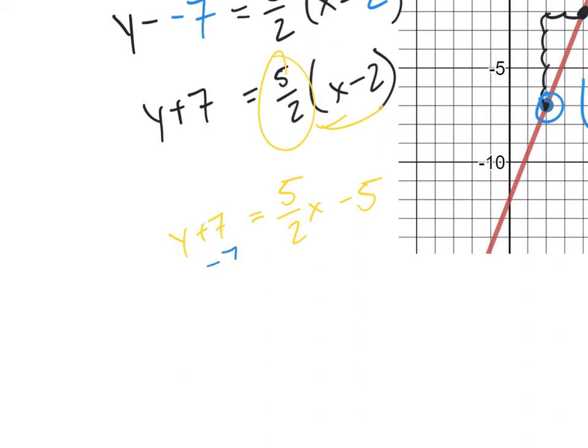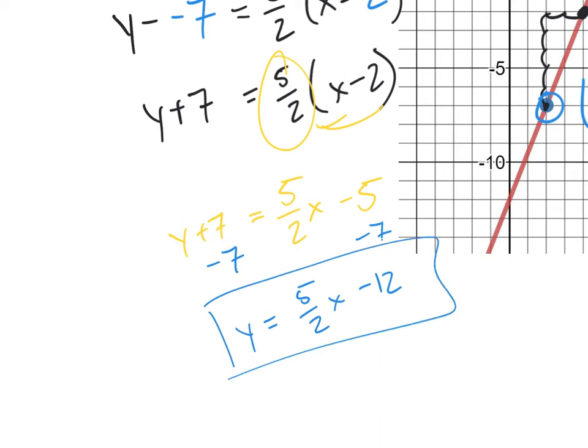And then I'm going to subtract 7 from both sides. So I get y equals 5 halves x minus 12. And there's your answer. You can check that you did this right because you can see that this line crosses the y-axis at negative 12.